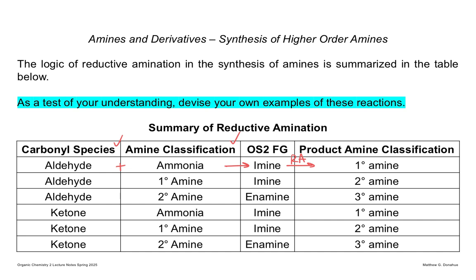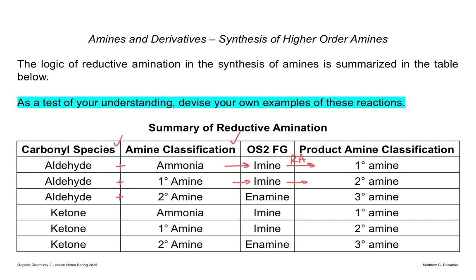So really the strategy is how do we make the higher order ones, the secondary and tertiary. And again, you have to analyze what's bonded to the nitrogen, whether you need to start with an aldehyde or a ketone. So aldehyde plus primary amine gives the imine, and then reducing it gives the secondary amine. So the same, again, sort of holds true with ketones as well for ammonia and primary.